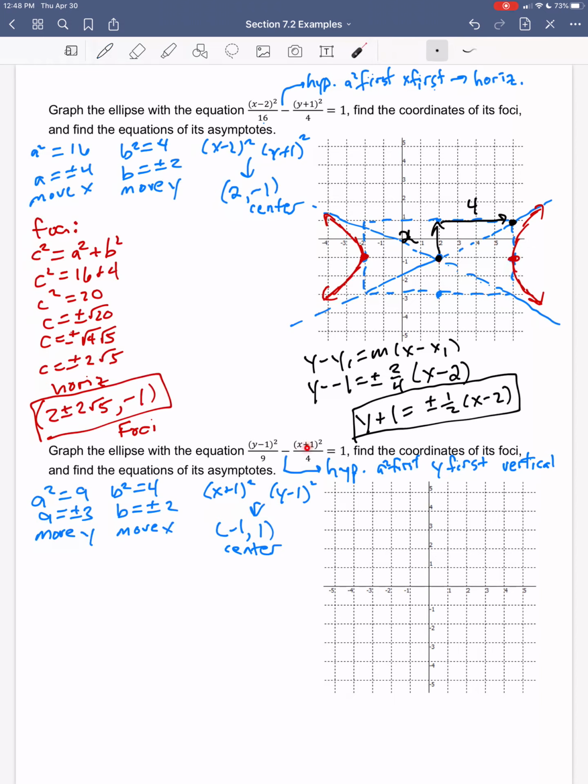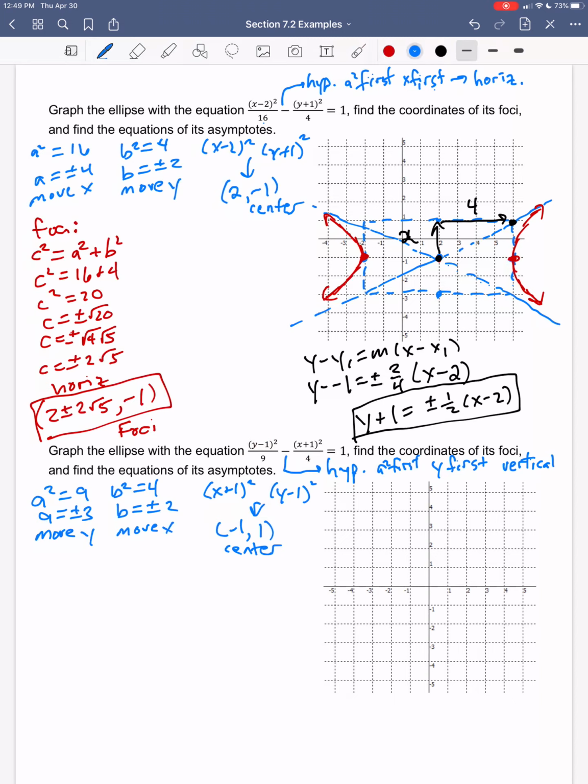Look at the x term to find the x coordinate. It's always the opposite. And the y term to find the y coordinate. Up here, the x was first, so it just stayed first. Here, x is second, so that second one has to become first for the center. X always comes before y, but in this equation, y is before x, so I have to switch that.